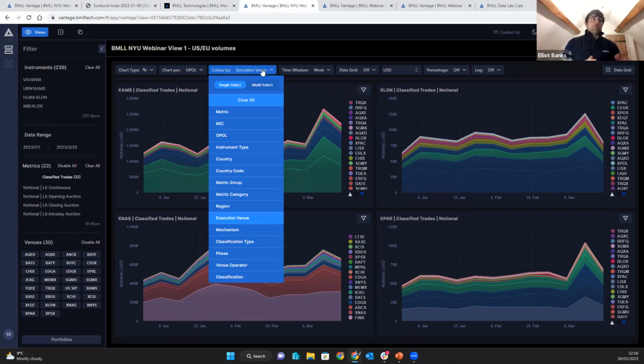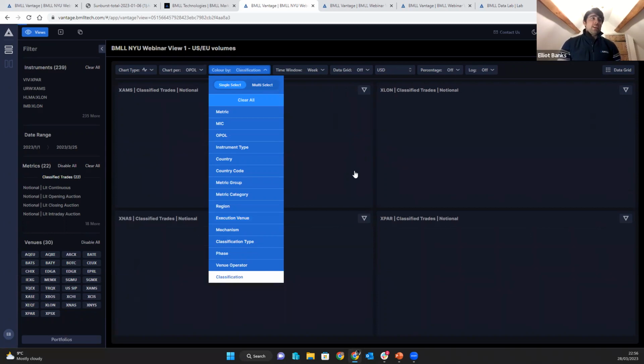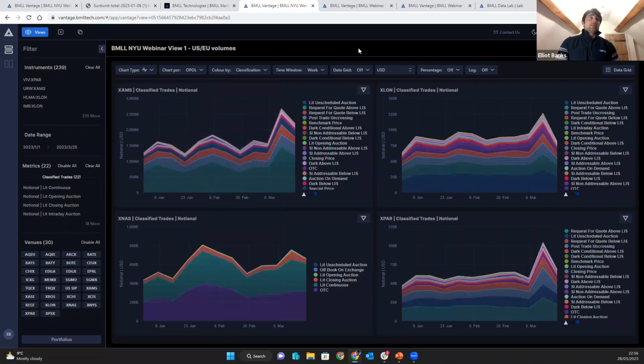So these are the blue chips on those different indices. If I look at the way we can break up and classify trades, Europe actually provides a lot more of the granularity that we can see. So you can see all of these different mechanisms in fine detail: what's going on a systematic internalizer, what's going on other mechanisms, periodic auctions, which is another mechanism, and others.